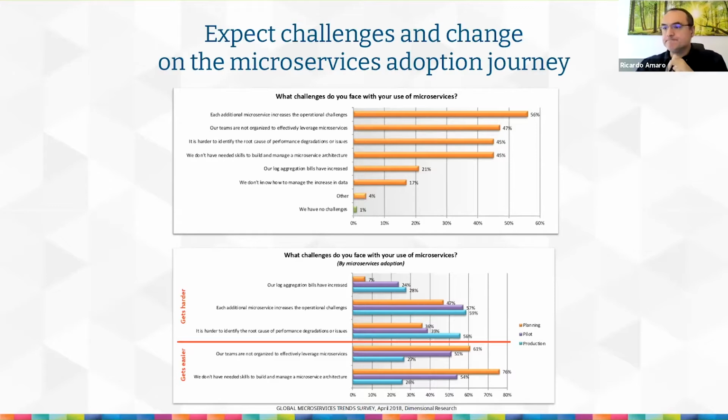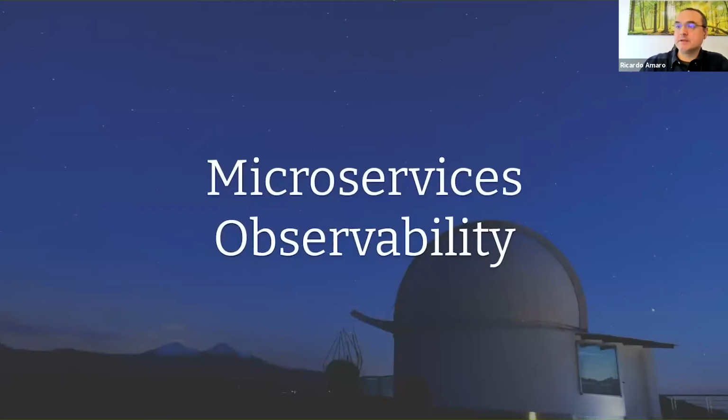Among those that have microservices in production, 73% report that troubleshooting is harder in the microservices environment. So now that we know our problem well, microservices observability, how do we actually solve it?